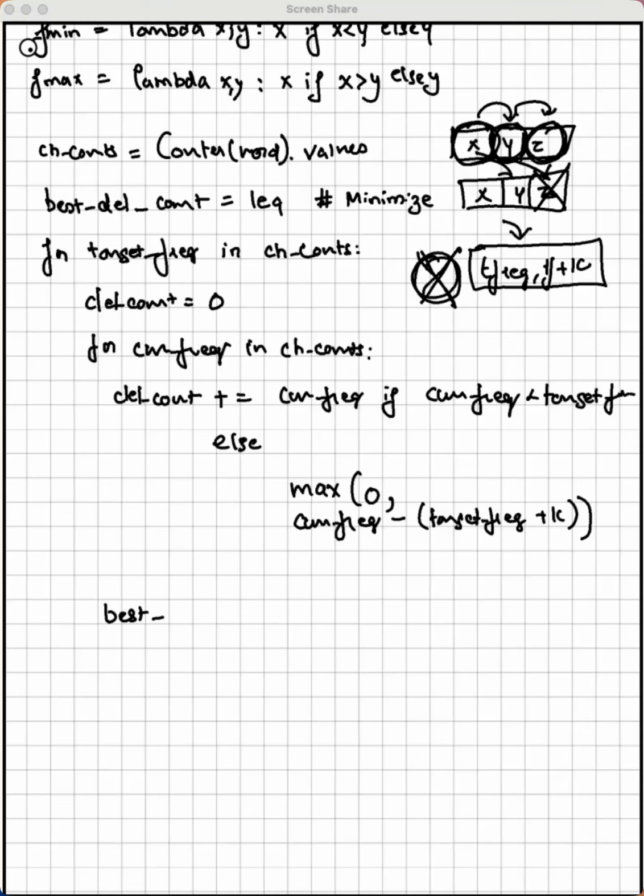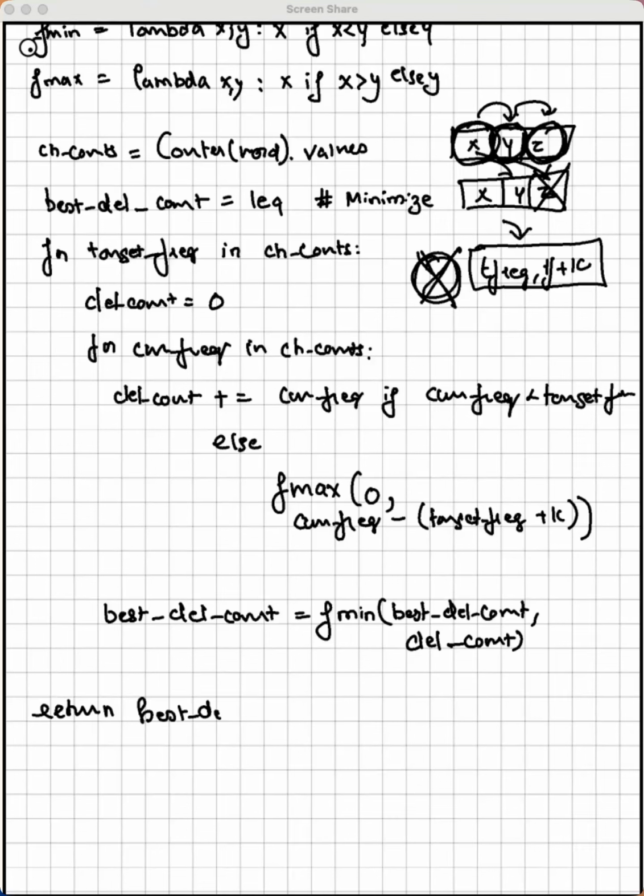Let's quickly check for the best del count, which we can make using fmin of the existing del count, comma, current del count. When this is done, finally you can just return the best del count.